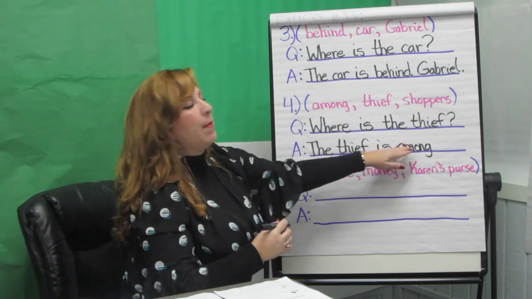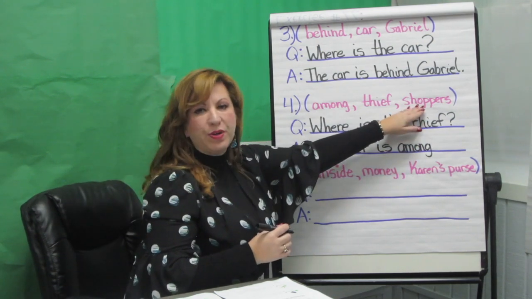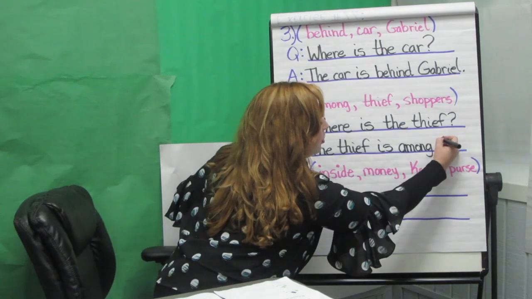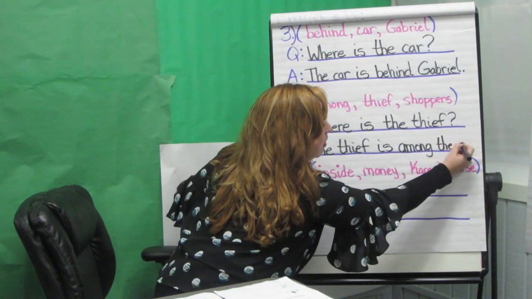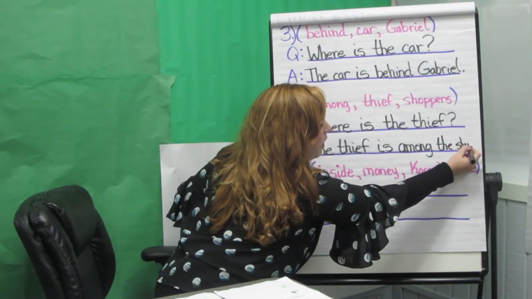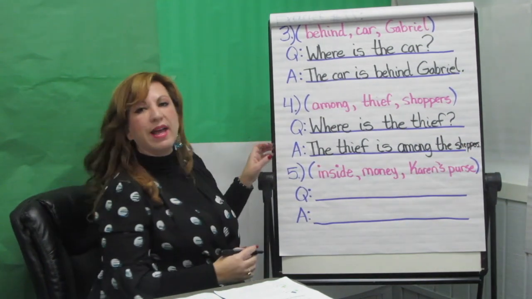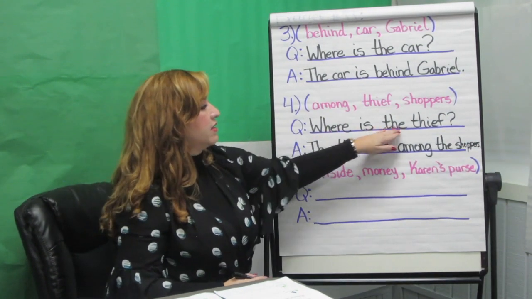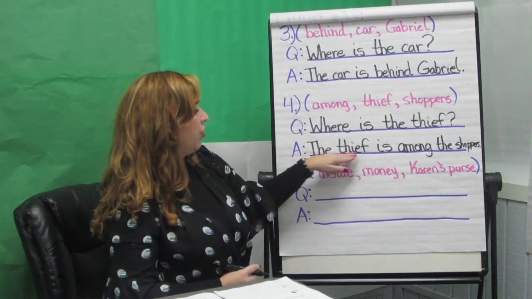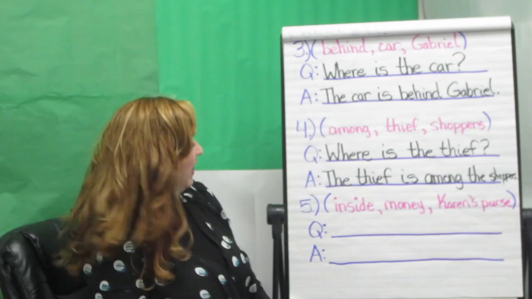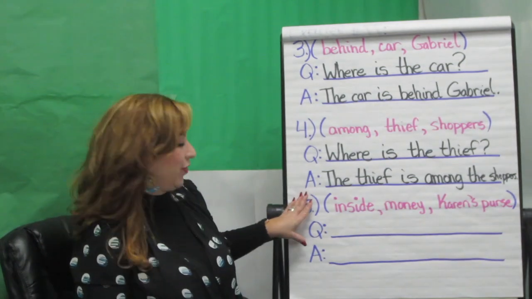The thief is among the shoppers. And this is the location, among the shoppers. I'm going to write small because it's not going to fit. Shoppers. Again, where is the thief? The thief is among the shoppers. Let's continue with number 5.